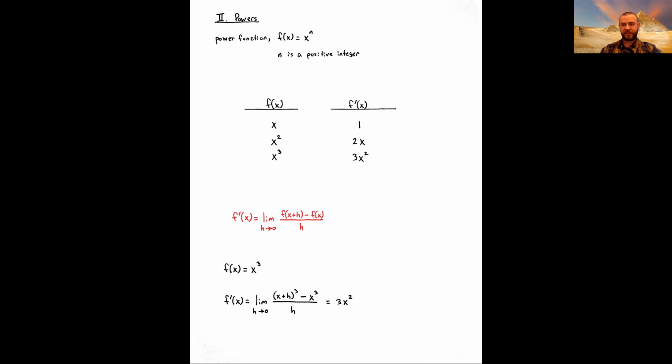This is basically as bad as it would get for applying the limit definition. So again, pause the video, work this out. Expanding x plus h cubed is going to be tedious, but you will get 3x squared at the end of that calculation, calculating the derivative with the limit definition.